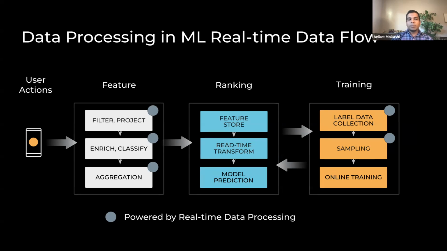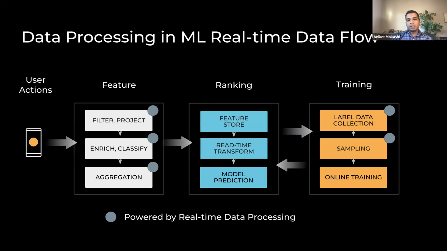The feature extraction typically needs something like a filter, project, some way of enriching your features, using aggregation to make the raw events into actual features. Those features then get stored into some kind of scalable feature store, which is then used in model prediction and model building. Then the model predictions are served back to the user, and based on that, the user takes actions again, which is used to train the labels and feed back into the system.